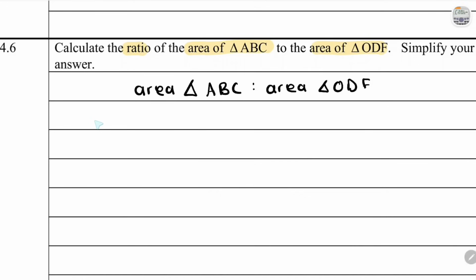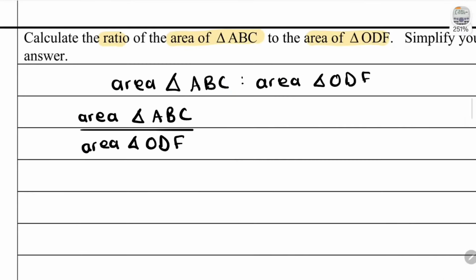So we can just find these areas over each other so that they become a ratio. They simplify to a simplified ratio. So this is going to be the area of triangle ABC over the area of triangle ODF. Okay, so this is what we're going to have.